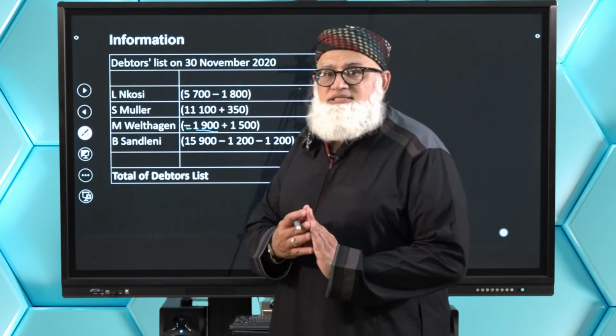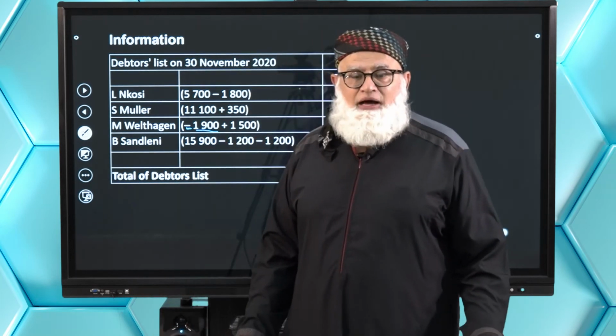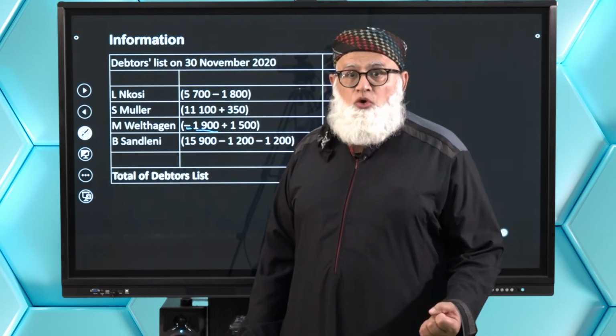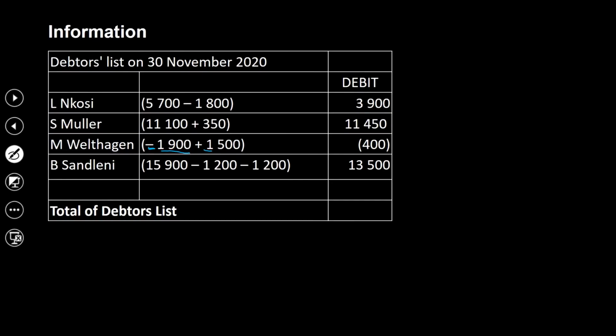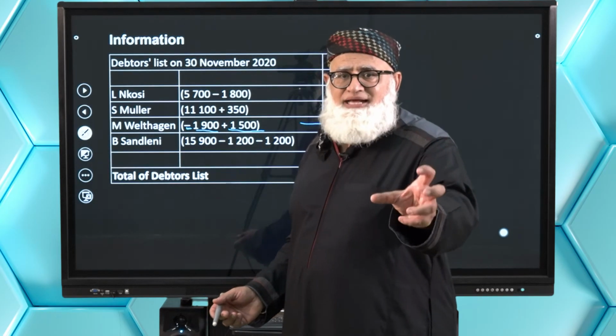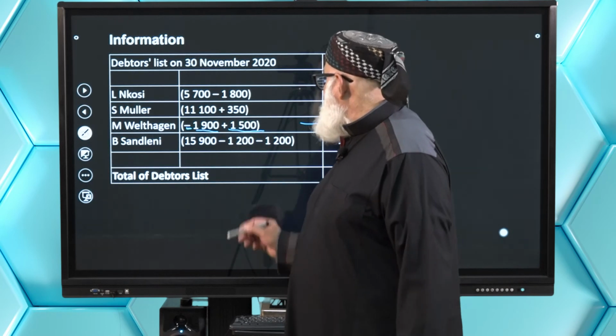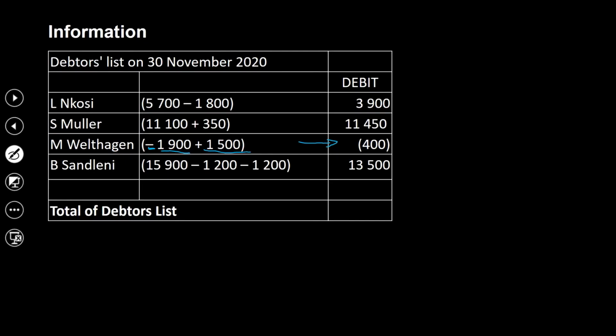Because the sales invoice was omitted, it was left out, we're debiting debtors control, therefore debit the debtor, add 1,500 to Veldhagen's account, and what you find now, a minus 1,900 and a plus 1,500 will still give you a negative figure of 400. Minus 19 plus 15, obviously you can see a negative 1,900 and a positive 1,500 will give you a negative 400 Rand.